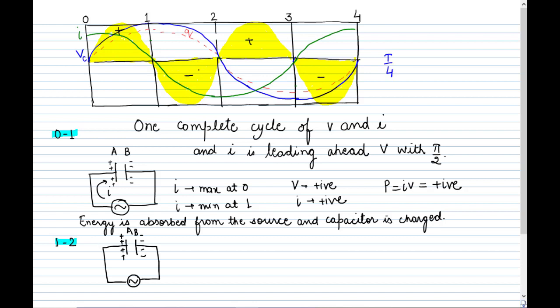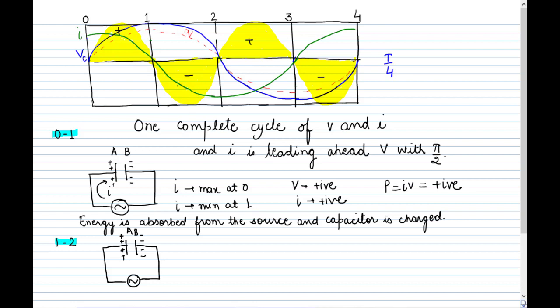Now we go to the second cycle that goes from 1 to 2. As you go from 1 to 2, you can see that the voltage is maximum at 1, then at 2 it is minimum. And also the current is 0 at 1 and it becomes maximum negative at 2. So the current is changing its direction because from 0 to 1 the current is positive, but from 1 to 2 the current is negative. So the current has reversed its direction.